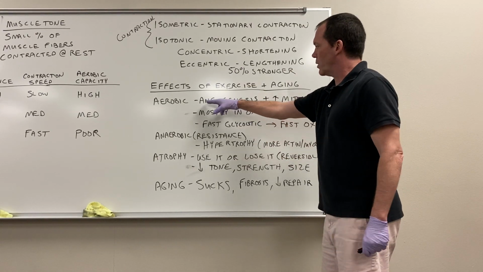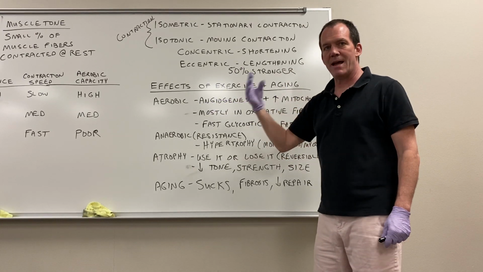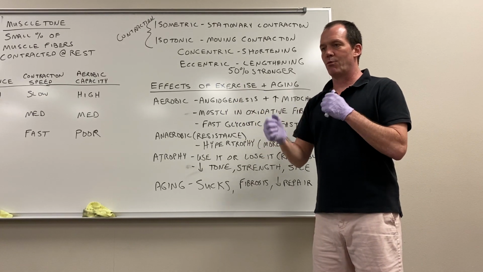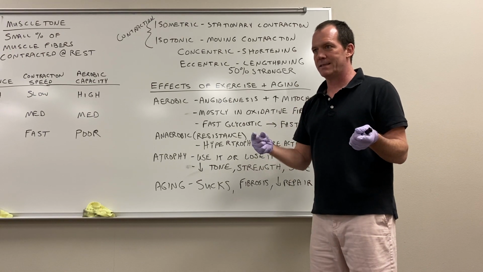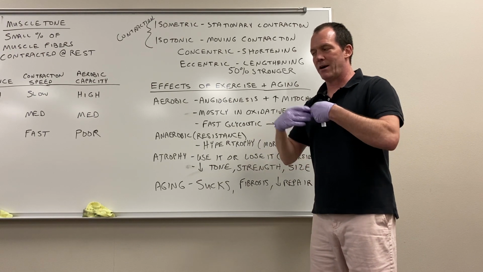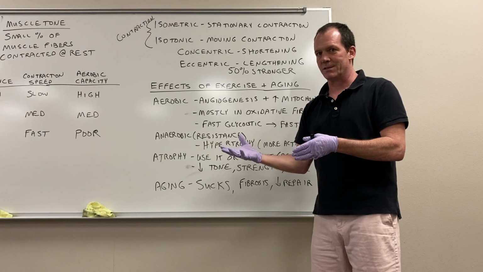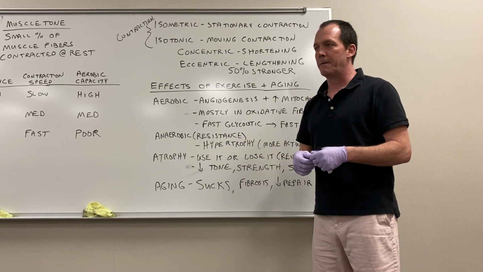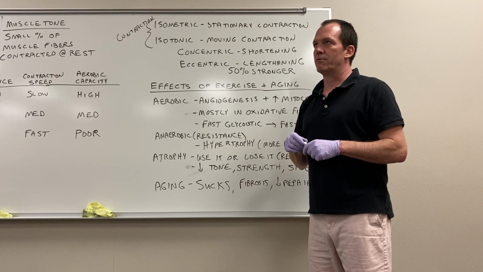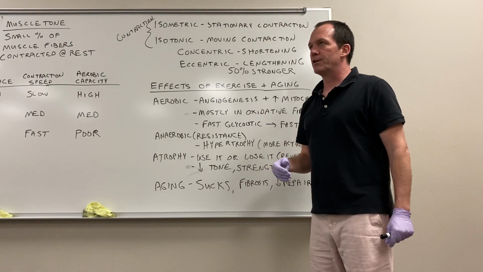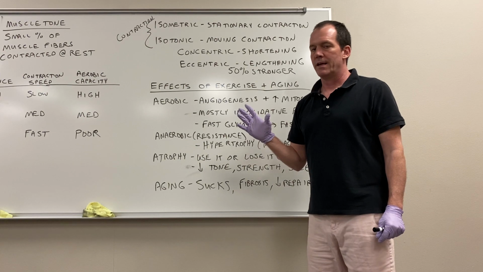So angiogenesis is making blood vessels. When you exercise aerobically, you make more capillary beds and you get a better perfusion of blood to the muscles that are doing the exercise. This is why when you decide to start a regimen of jogging, the first day or 2 or 3 or 5 or whatever is really difficult.